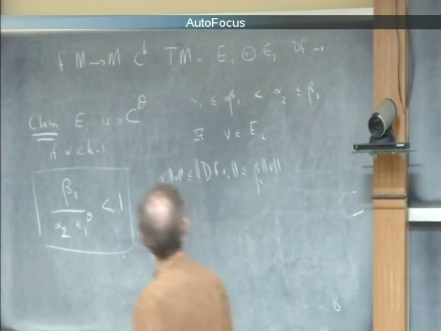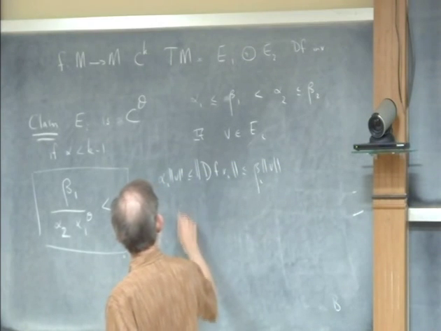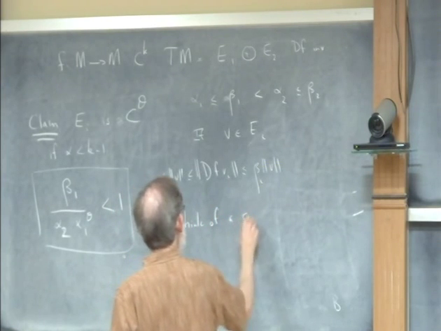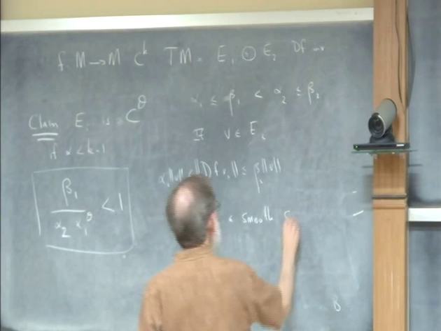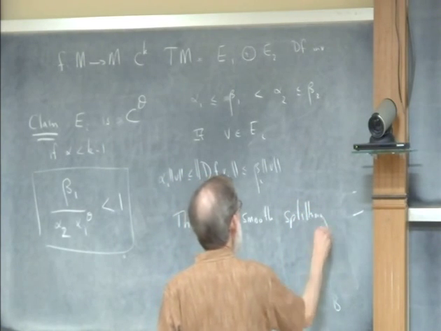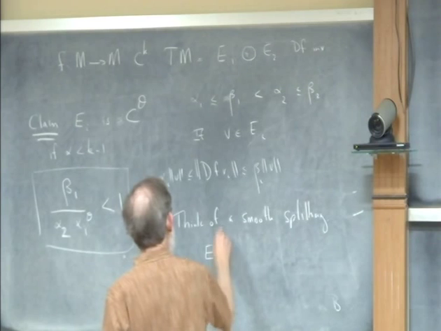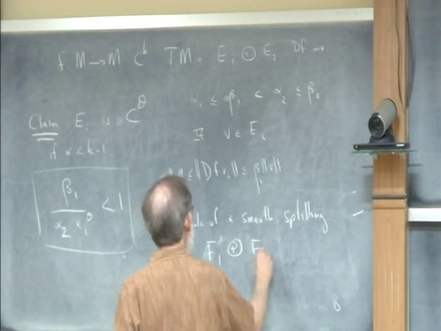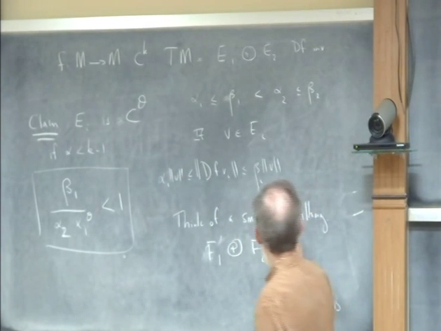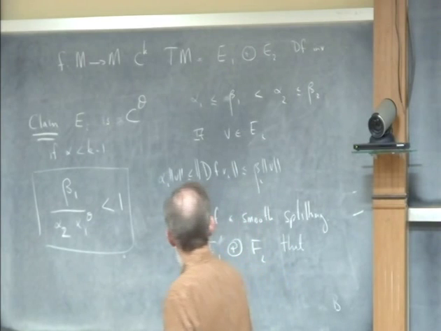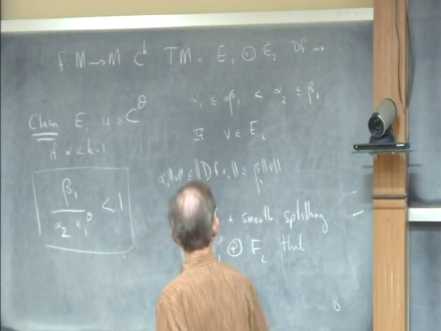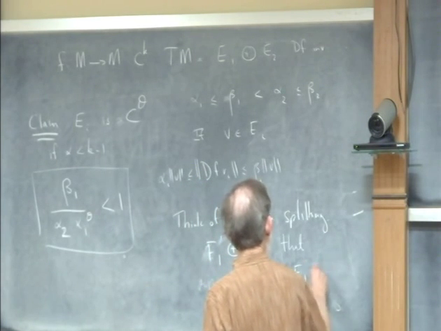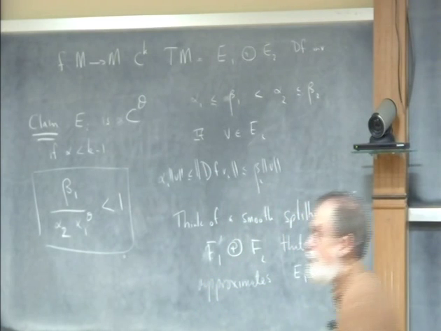So we introduce a smooth splitting, say F1 plus F2, that approximates E1 plus E2.